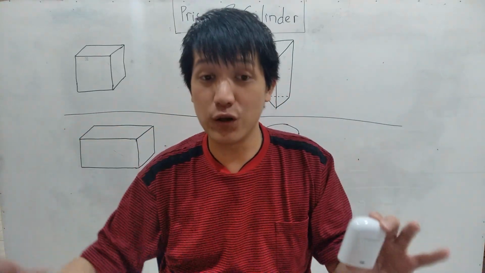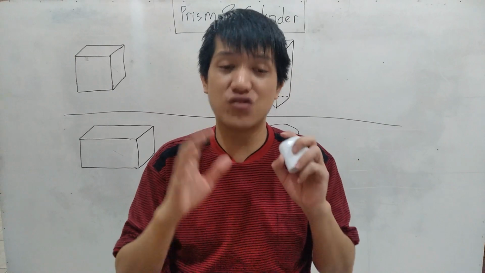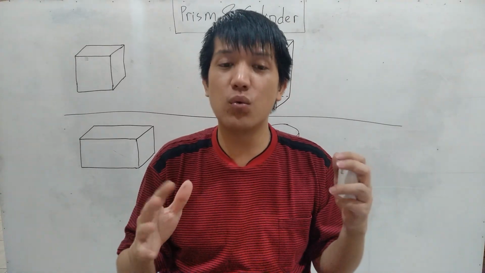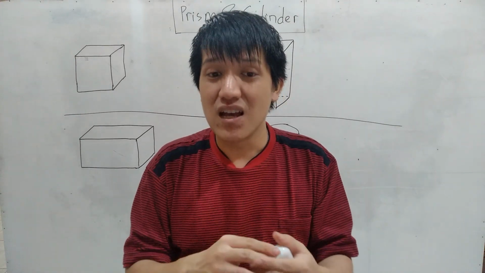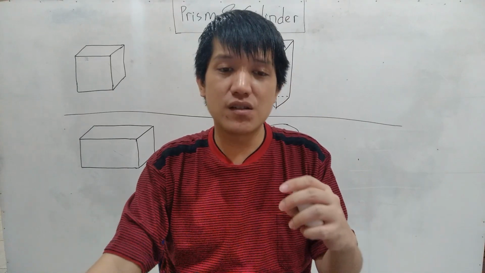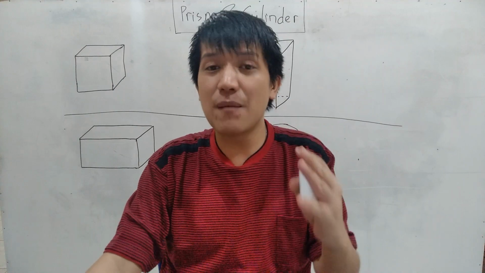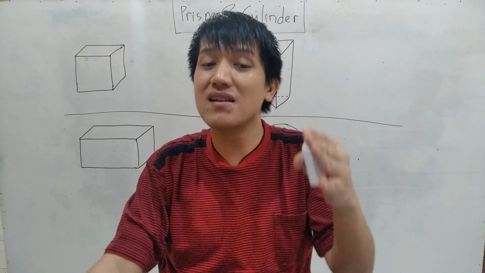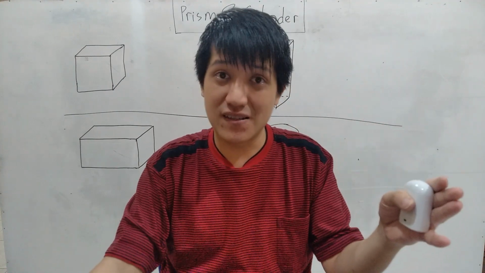That's about volume, and it has a strong relation with what we call density. I believe you have learned density by now. So density is something that determines the mass of a substance.